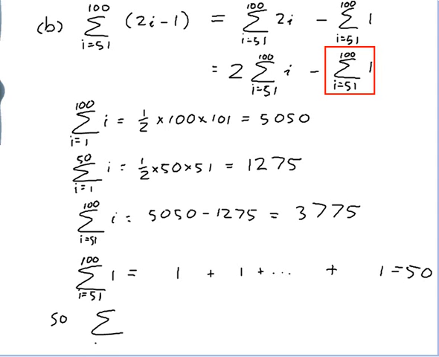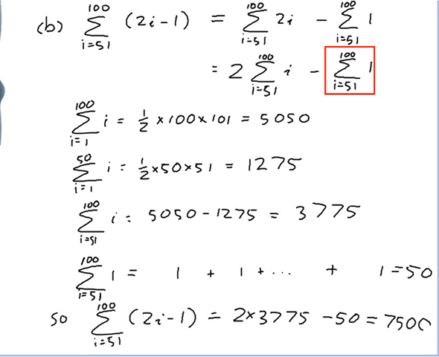So the sum from i equals 51 to 100 of 2i minus 1 is equal to 2 times 3,775 minus 50, which is equal to, when I calculate it, 7,500. So that's my answer.